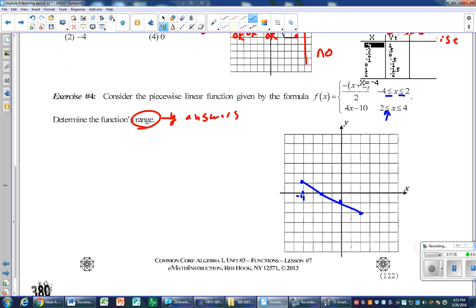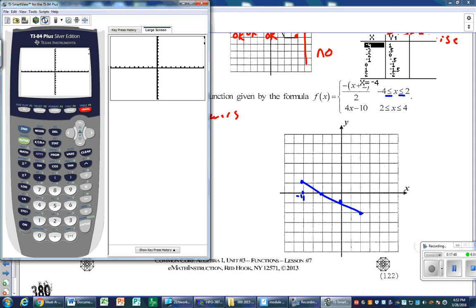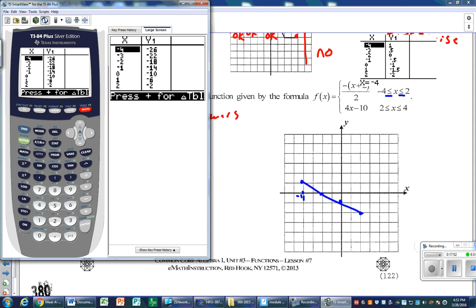That kind of hurts right there. If it's not on exactly the right spot, it's going to give you a wrong answer. So I typed in the equation, and I am going to go ahead and look at the table. And for this table, it says go from 2 to 4.